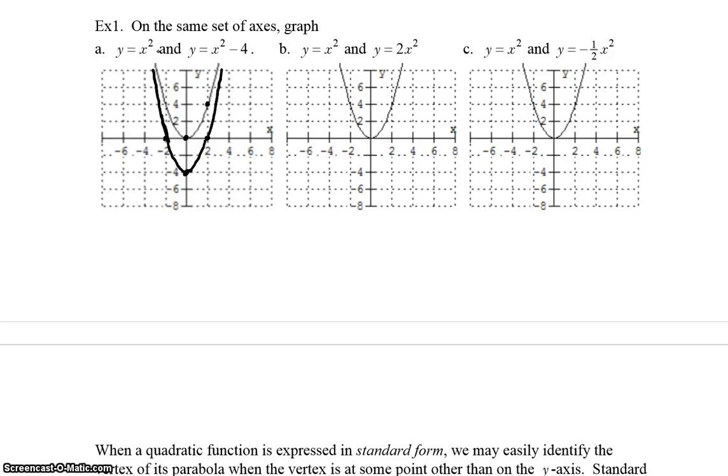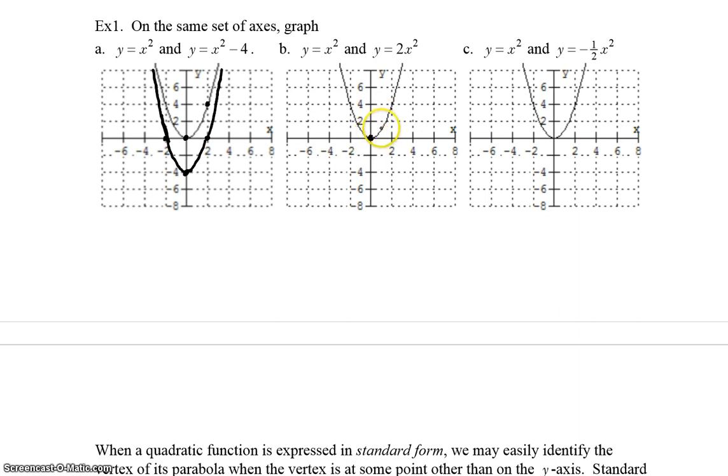Okay, next one, we again already see y equals x squared. What about y equals 2x squared? Well, again, you might recall that the 2 here would act as a vertical stretch factor, doubling the y-coordinate of the original point. So the point at the origin with y equal to 0 would stay at y equals 0.